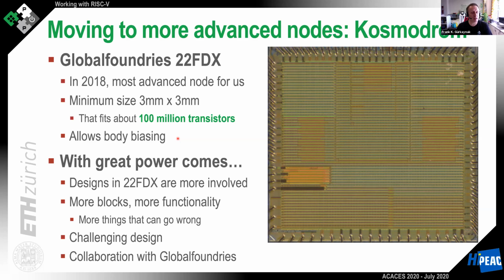It's a more challenging design, and such things are only possible because you collaborate with partners, in this case with GlobalFoundries, to help you also navigate through some of these difficulties. Also, you need to have ideas that could fill this chip. So if I'm putting a PULPino system into here, it would be in this one corner below one pad, and what do I do with the rest?